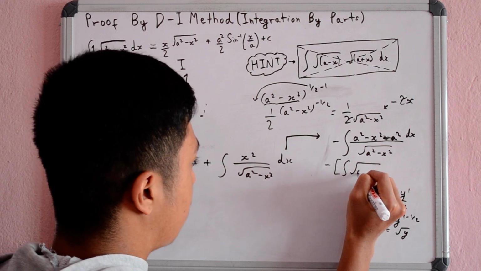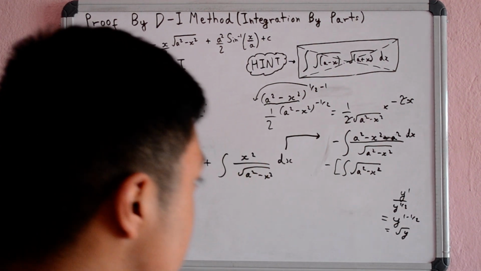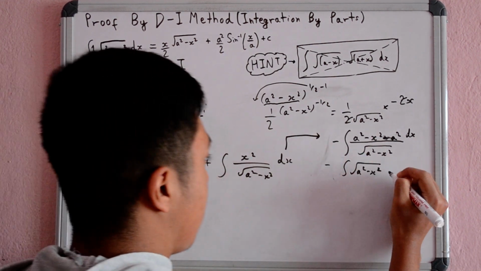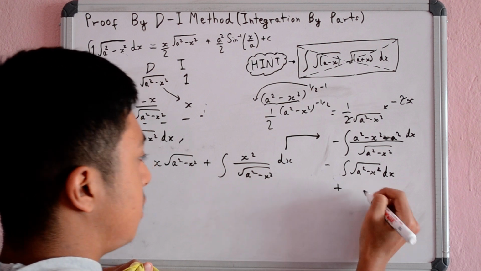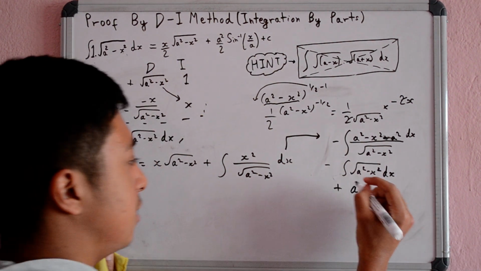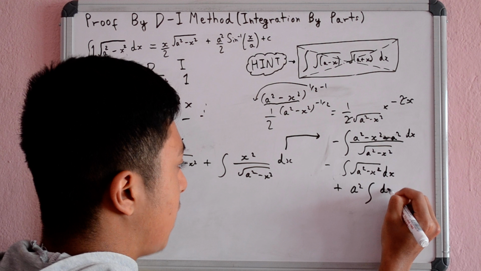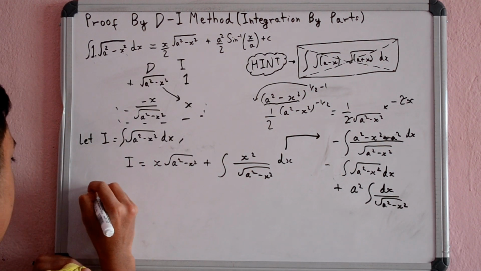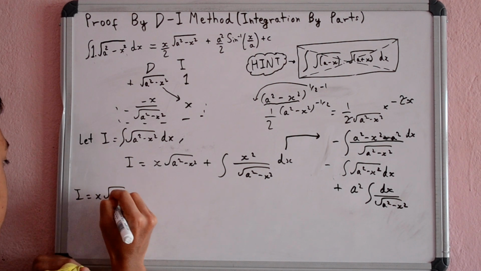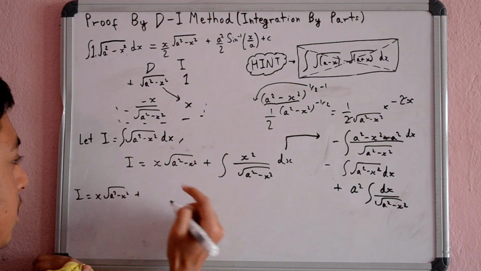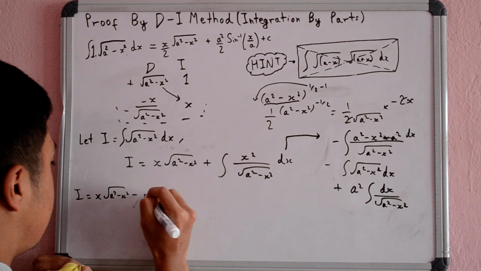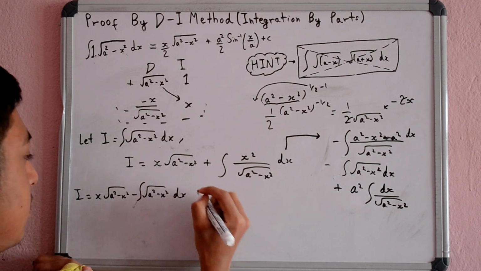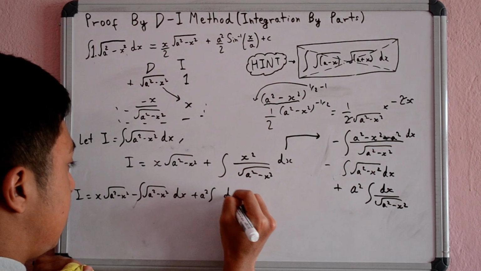So we just get the square root of a square minus x square, and minus minus plus, we don't need this bracket, so plus a square we can take outside since it's just a constant, dx by root a square minus x square. So I is equal to x root a square minus x square plus or minus the integration of root a square minus x square dx, plus a square dx.